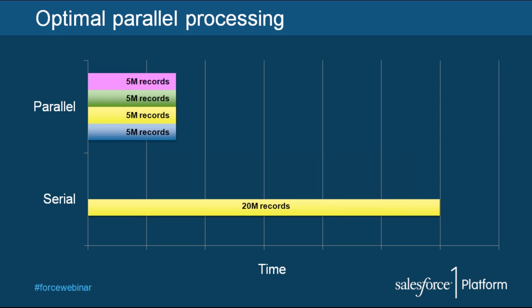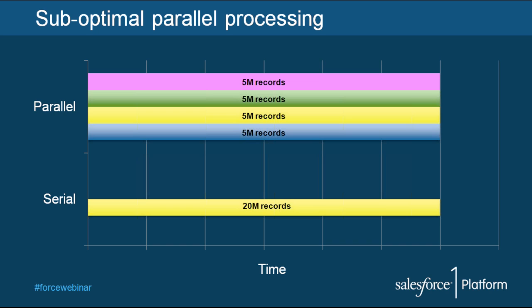Now, that's optimal, okay? Suboptimal parallel processing looks like this. Even though you've broken up your big job into 4 smaller jobs, you don't necessarily decrease the amount of time that it's necessary in order to complete the job. So why might you see something like this?